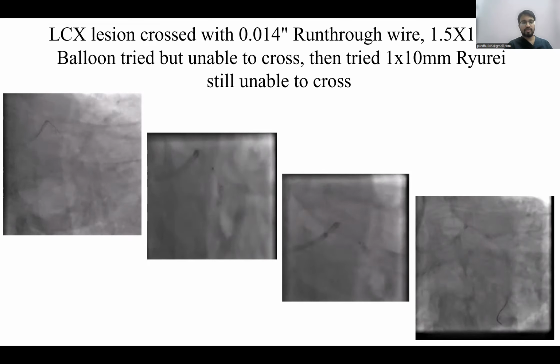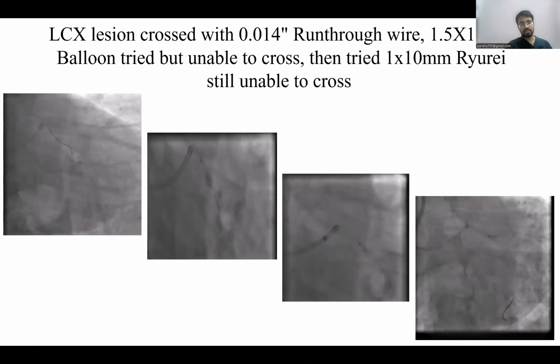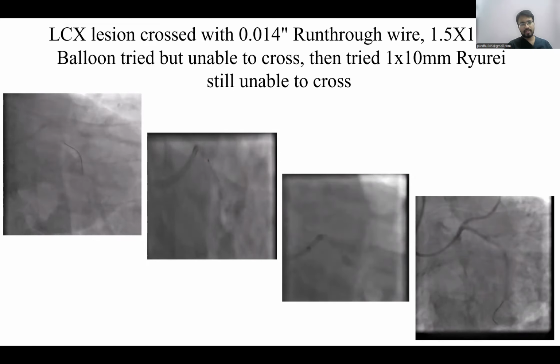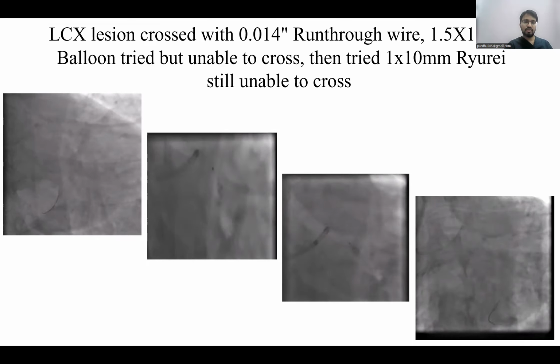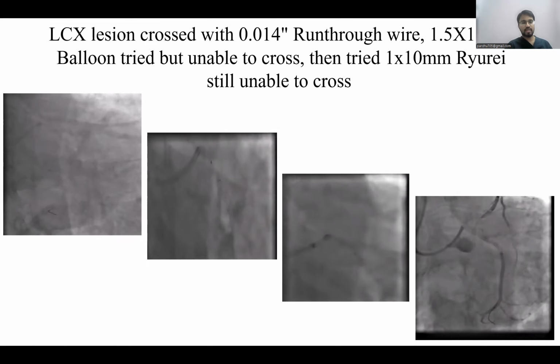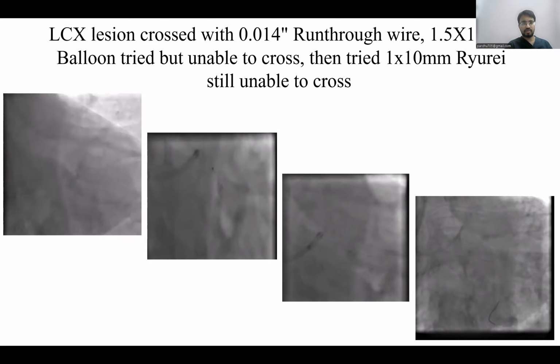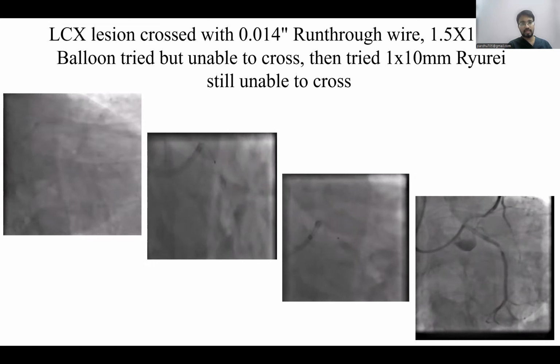So after that, we tried a one dry balloon. Still, we were not successful. So we took a plain cine. Initially, we thought that the proximal part of the stent looked overcrowded, that it could be because of tortuosity, but however, it is a crumpled stent.